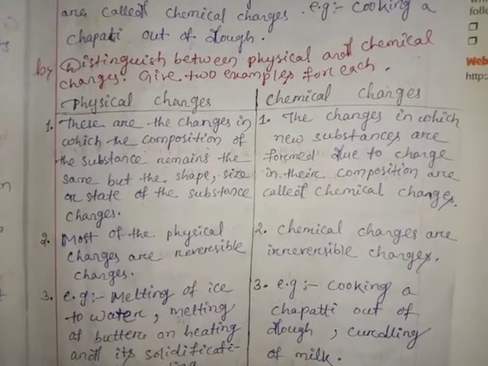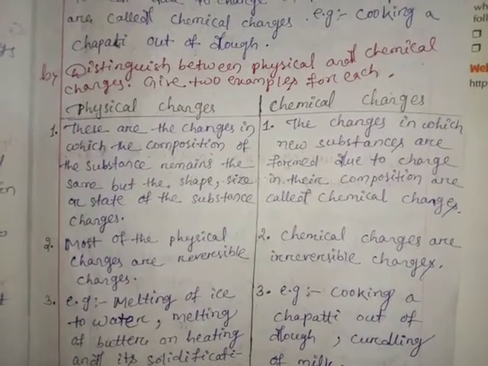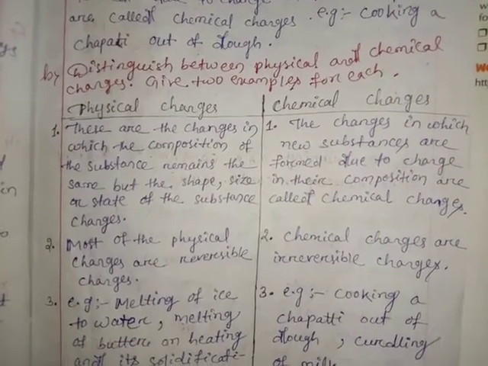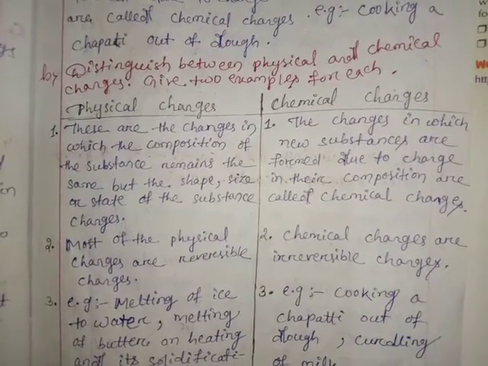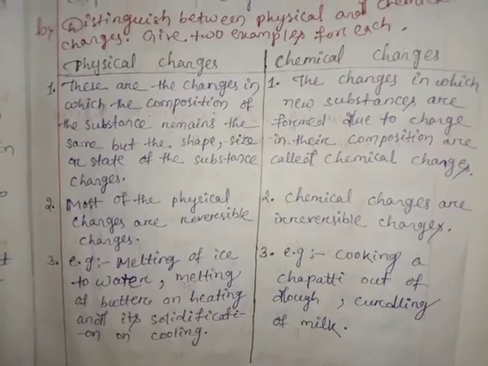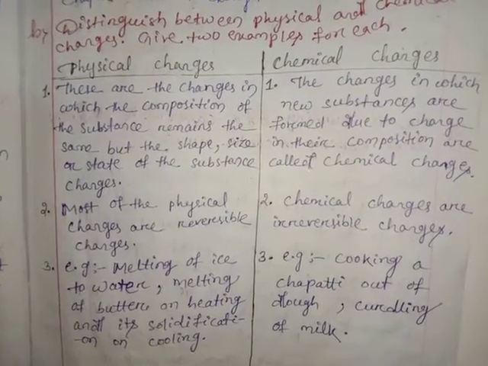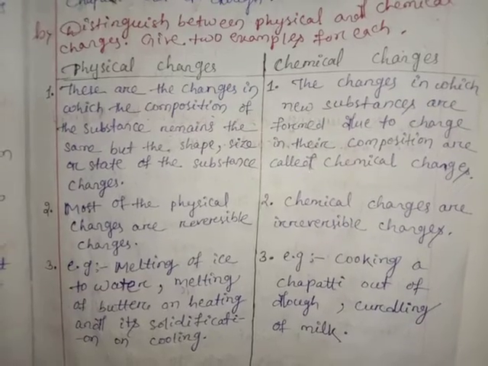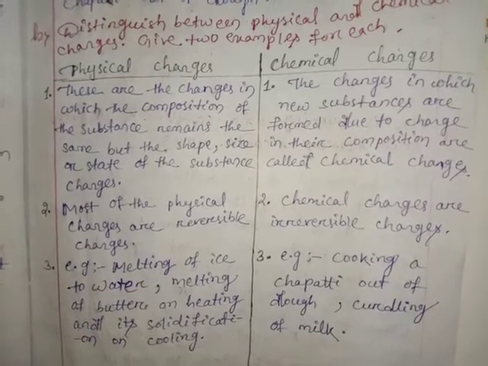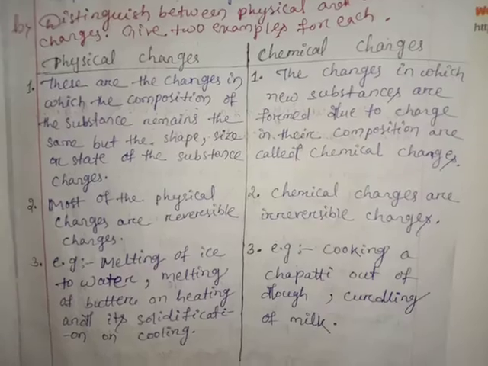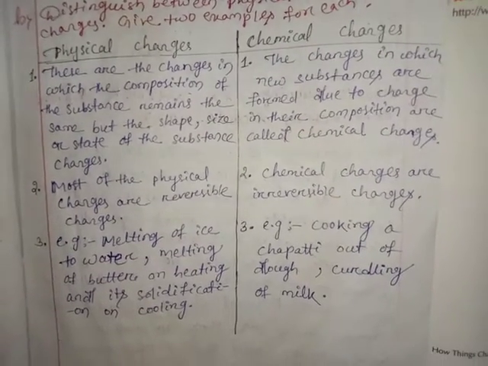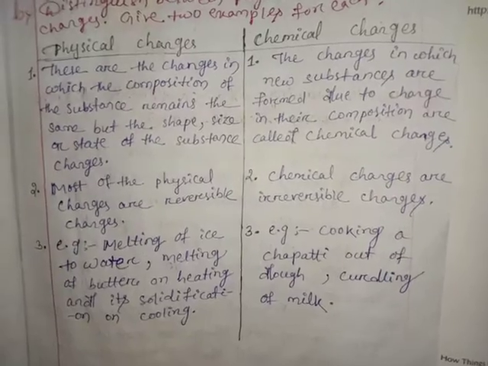Most of the physical changes are reversible changes, but chemical changes are irreversible changes. For example, physical changes: melting of ice to water, melting of butter on heating and its solidification on cooling. For example, chemical changes: cooking a chapati out of a dough, curdling of milk.